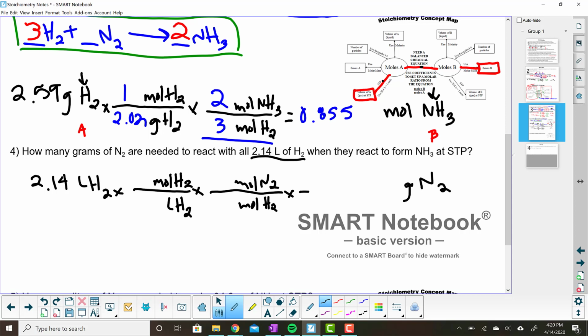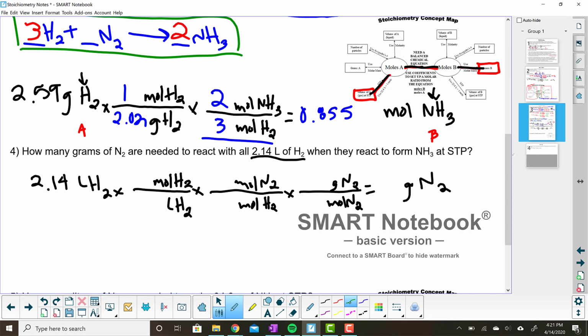Then I want to convert from moles of N2 into grams of N2. So I just followed my mole map here. First I went from volume to moles, then moles to moles, then moles to grams. That's my setup. Now I just need to fill in all of the information.